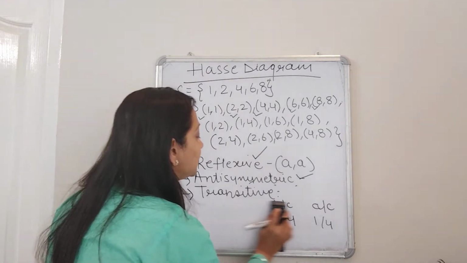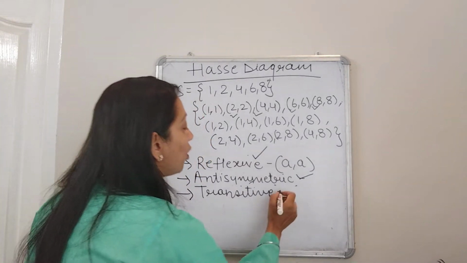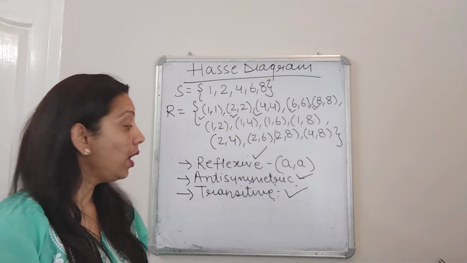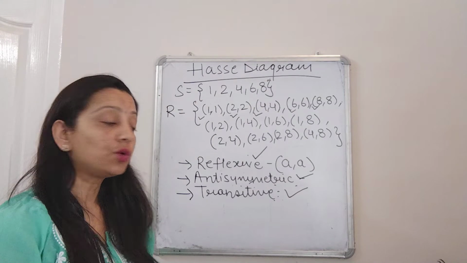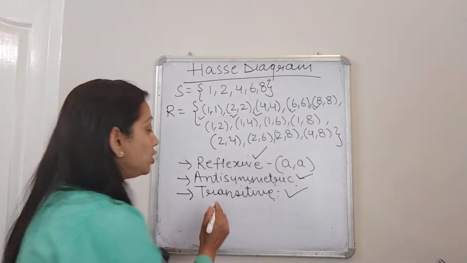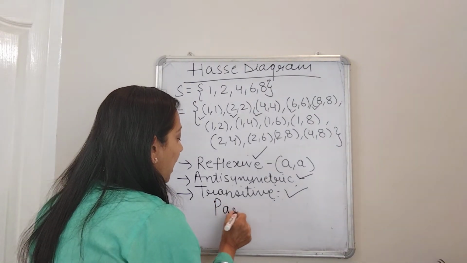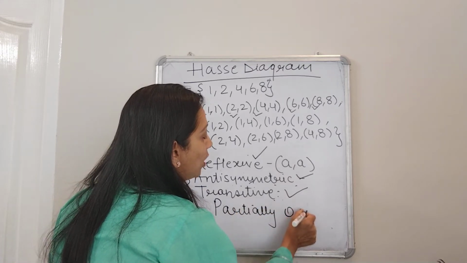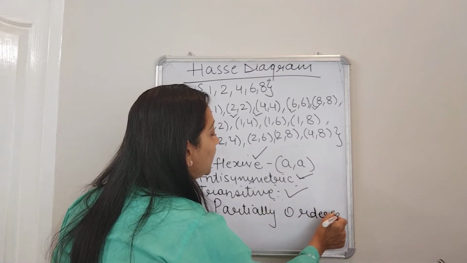So that means it is transitive also. Now since it is reflexive, antisymmetric, and transitive, I can say that it is a partially ordered relation.